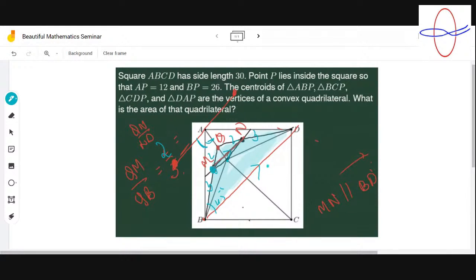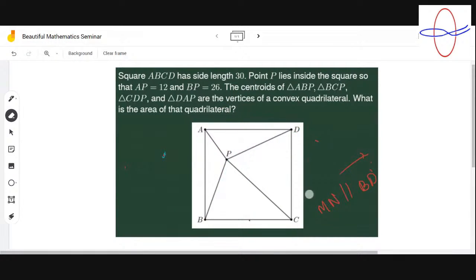But it is parallel to this. So what have we understood from here? This is the way you should approach a problem. I am showing you step by step how I am approaching the problem. You will fail a lot of times, but at last you will get the idea. You get that the centroid over here is this. In fact, this is 2/3 of this length. Is it 2/3?